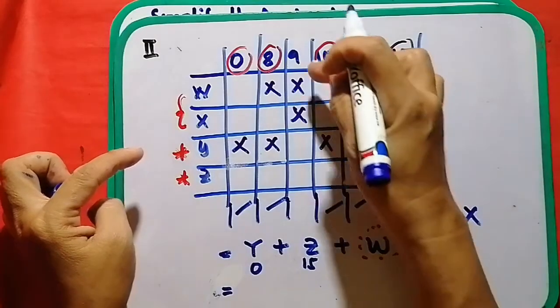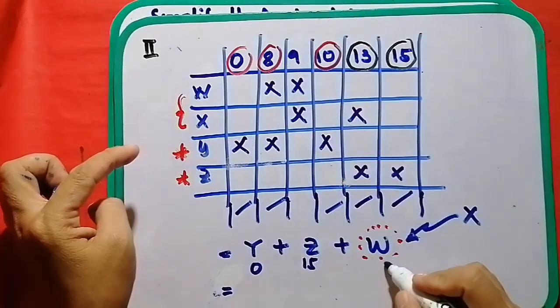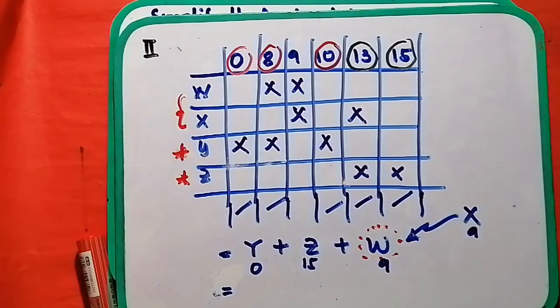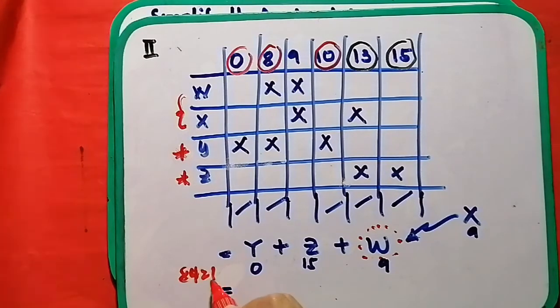Then for W, we choose 9 for both numbers. Okay. So, again, we convert this to binary. So this will be using the code 8421. Definitely, that is 0.